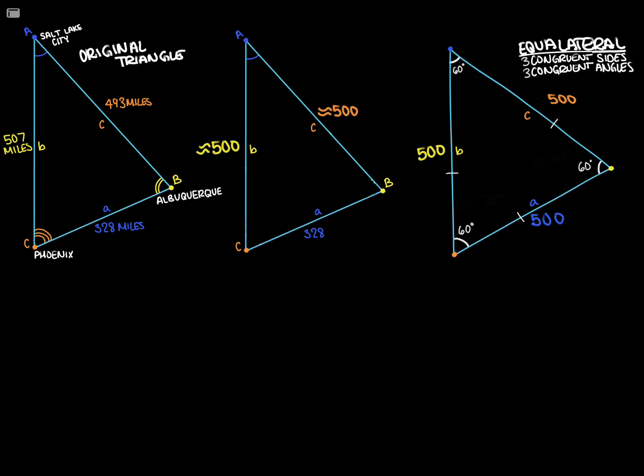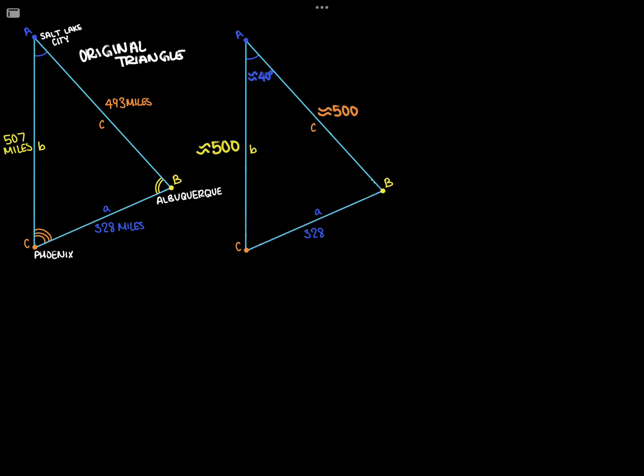It actually appears our triangle is more elongated than an equilateral triangle, which means angle A is less than 60 degrees. Since side A is approximately 2/3 of sides B and C, let's guesstimate that angle A in our triangle is roughly 2/3 of angle A in this equilateral triangle. 2/3 of 60 degrees is 40 degrees.